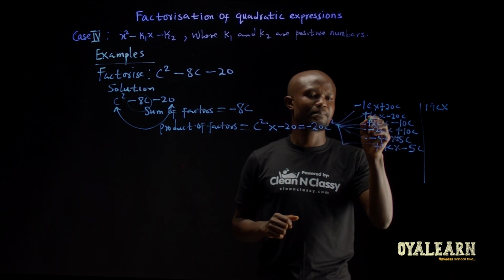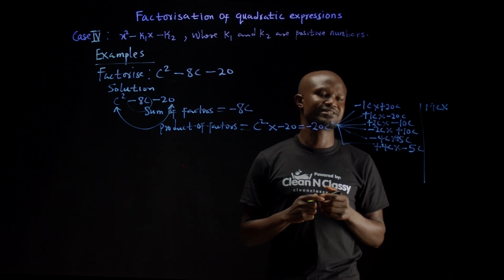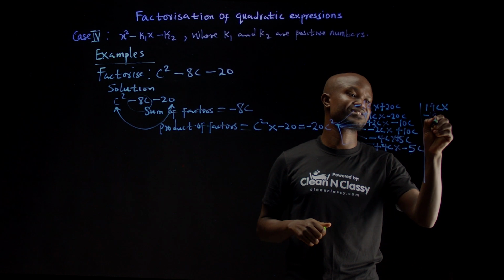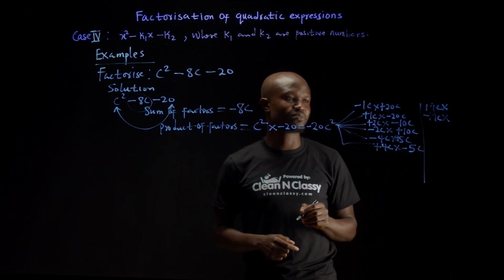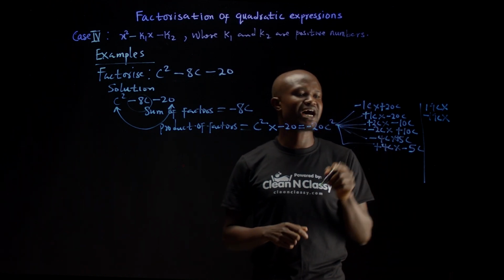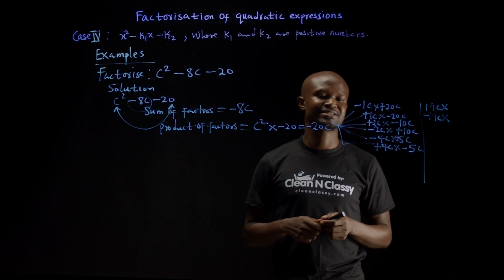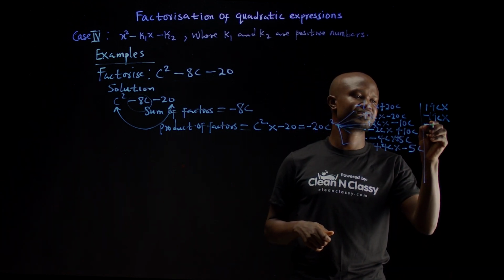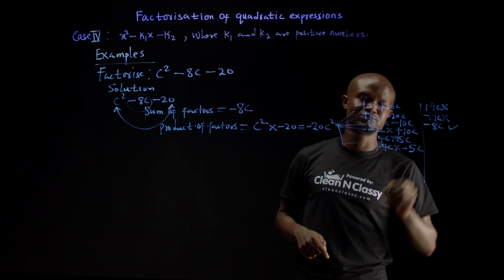Plus 1c minus 20c, that's 1 minus 20, that's minus 19, so we have minus 19c. It does not satisfy the sum condition. Now we have plus 2c minus 10c. That is 2 minus 10, that's minus 8c, and this satisfies the sum condition.